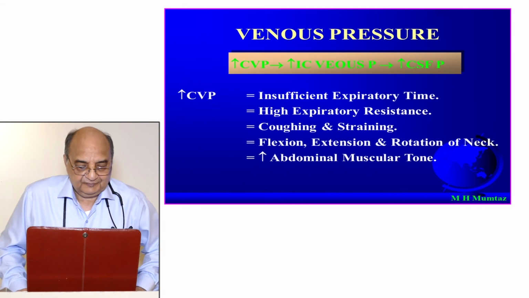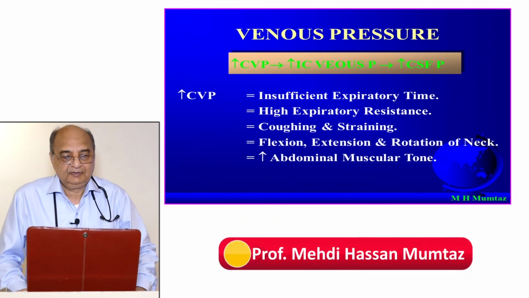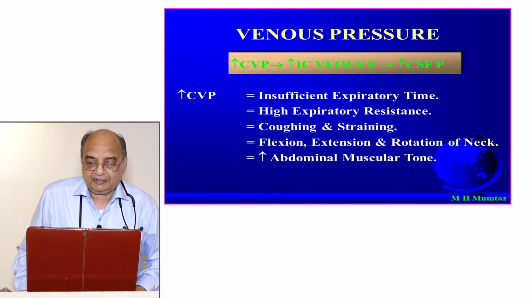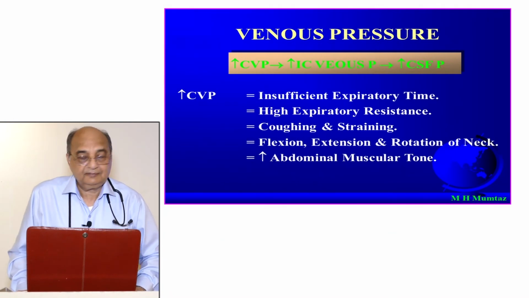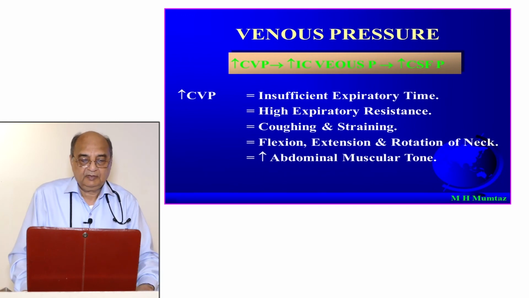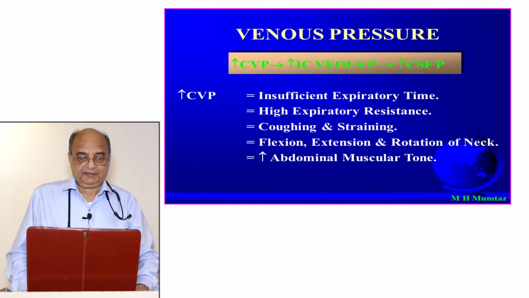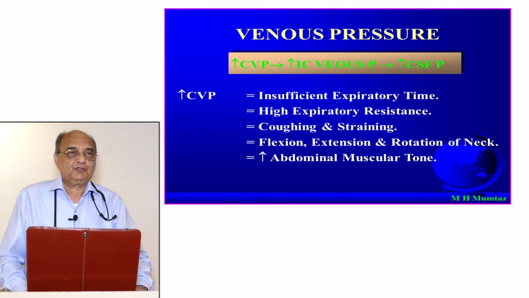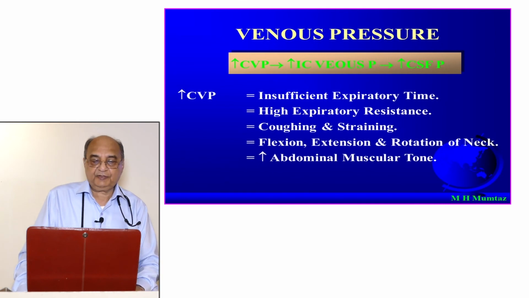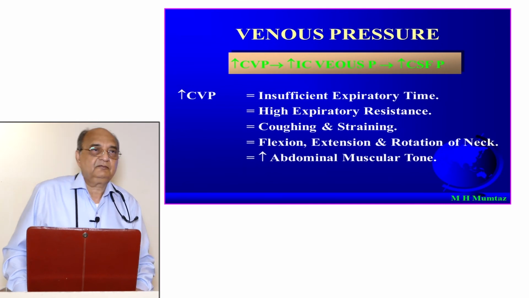Venous pressure. Central venous pressure will increase the ICP. Intracranial venous pressure will increase the CSF pressure, which will increase the ICP. They are all interdependent. Now, if central venous pressure is increased, what are the factors? Insufficient expiratory time.